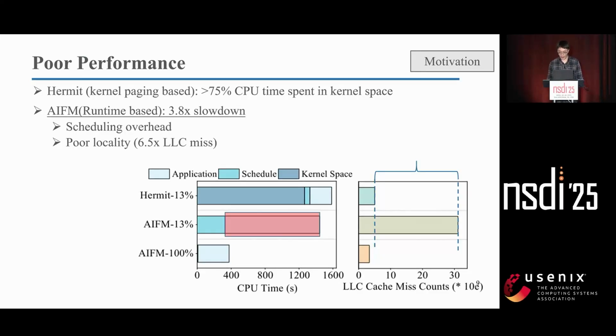Meanwhile, thread switching disrupts data locality, leading to 6.5 times more last level cache misses, significantly slowing down the application. By mitigating the microsecond scale latency through thread switching, high CPU utilization is achieved, but this approach decreases CPU efficiency.